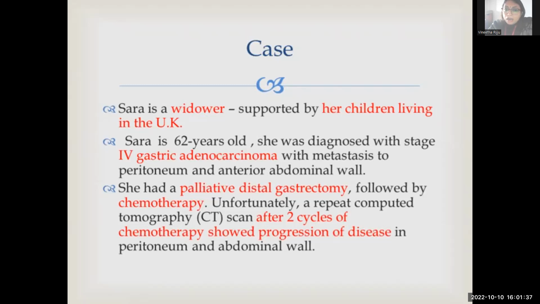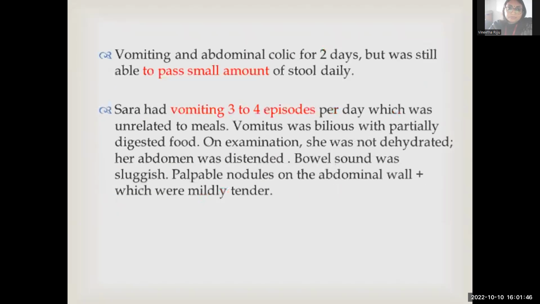After 2 cycles of chemo, when a CT scan was taken, it showed progression of disease. She developed vomiting and abdominal colic for 2 days, but was still able to pass a small amount of stool daily. Her vomiting was 3 to 4 episodes per day, unrelated to meals.